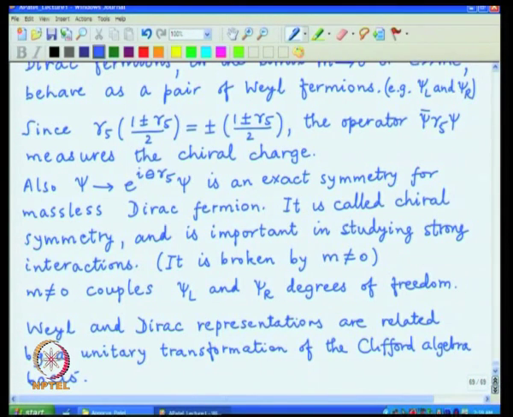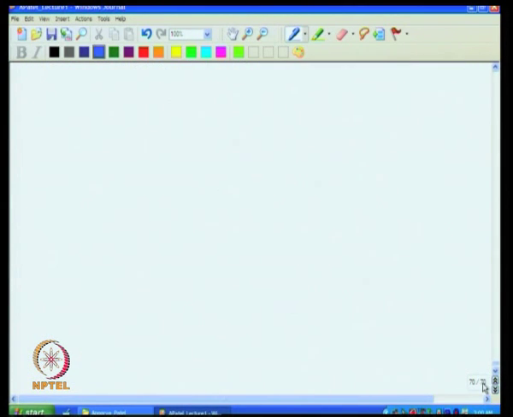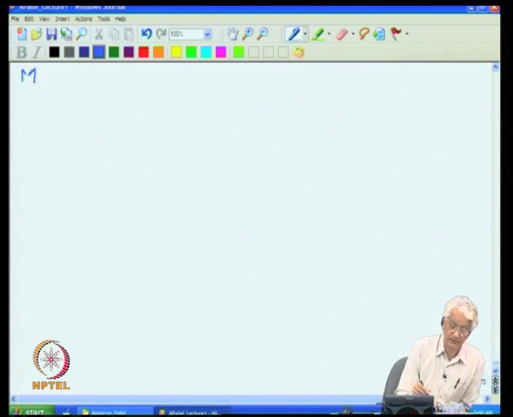There is another transformation again corresponding to a clever choice of the basis of the Clifford algebra that is possible, and which also ends up having the degrees of freedom of the Dirac spinor, and that is what I want to describe next, and that representation is called Majorana representation.